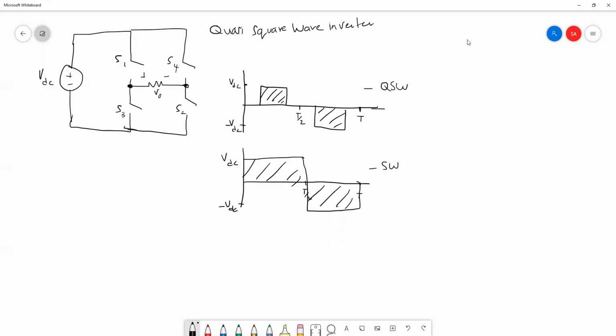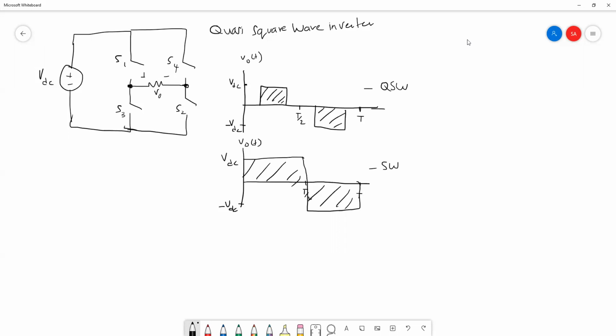If we compare these two output voltages of the full bridge inverter, using a quasi square wave and square wave, if the waveform more resembles a sinusoidal, then the THD will be lower.